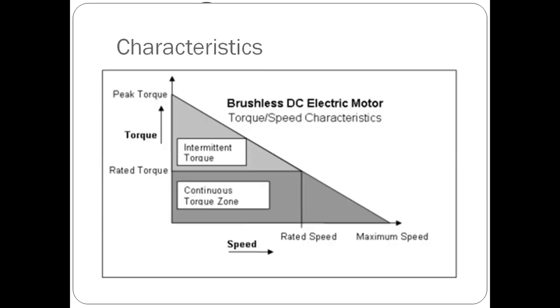The characteristics of the BLDC motor: up to the rated torque and rated speed, we have the continuous torque zone, and in this portion we have continuous and stable torque. Above the rated speed we have low torque, and no continuous torque.